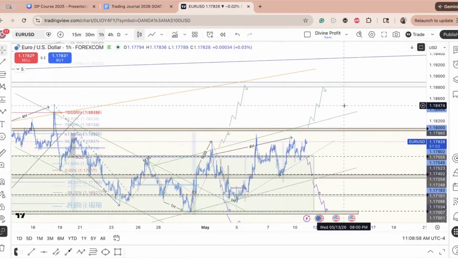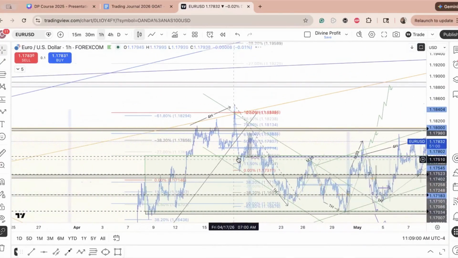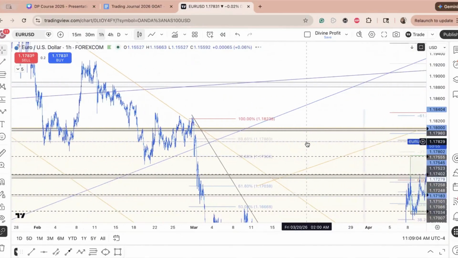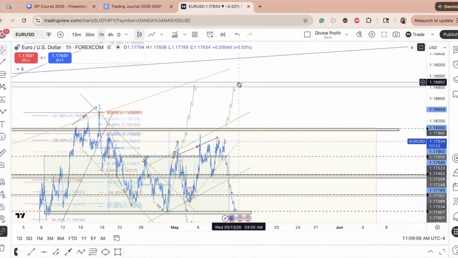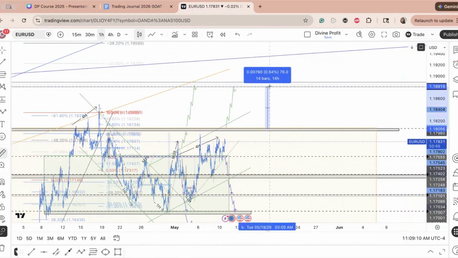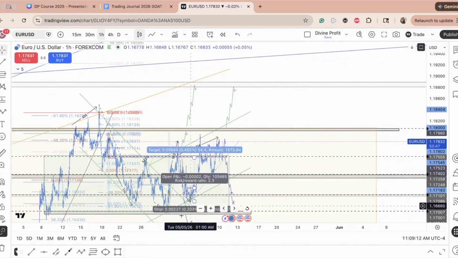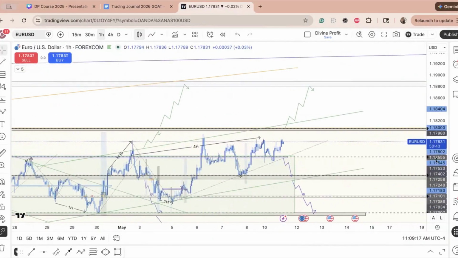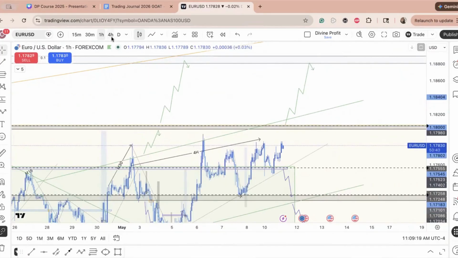But price has just been in this consolidation for so long, so I don't really see it going beyond that. I guess unless some crazy news happens, which could happen with the way the news has been lately. But honestly, this is probably as far as I see it going.